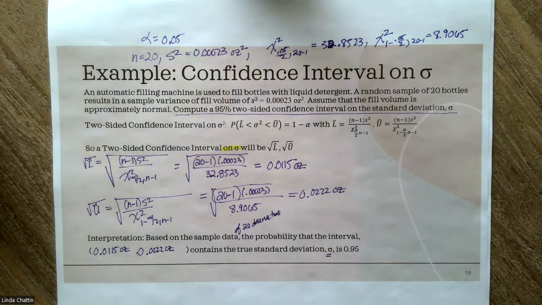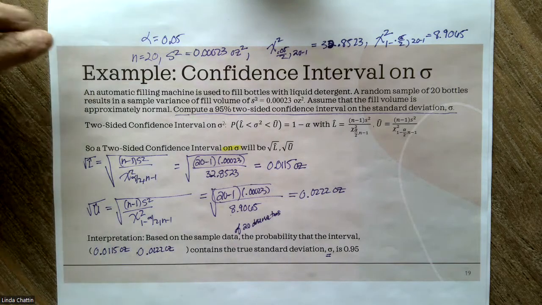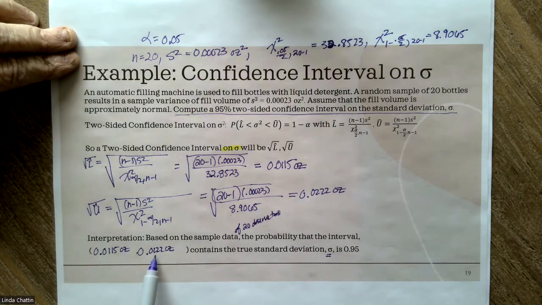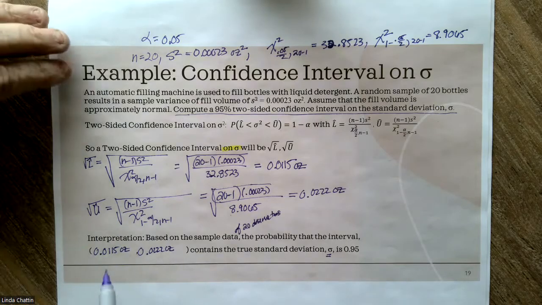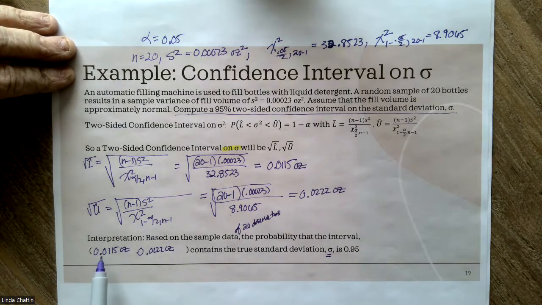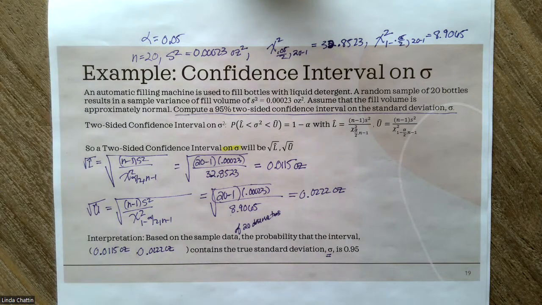There is a 0.025 probability that the true standard deviation is above 0.0222, and a 0.025 probability that it is below the lower value here. So, all right, on to the next section.